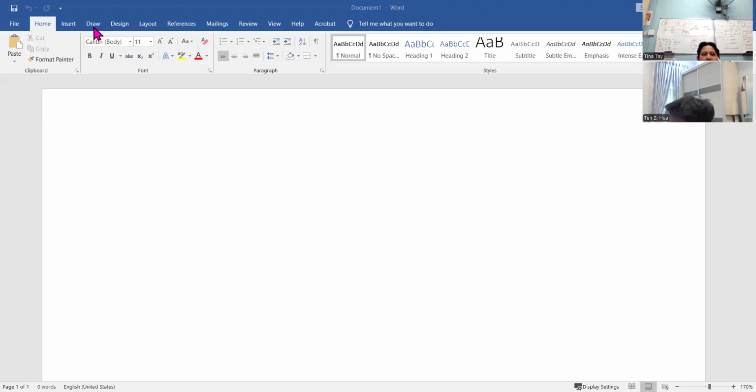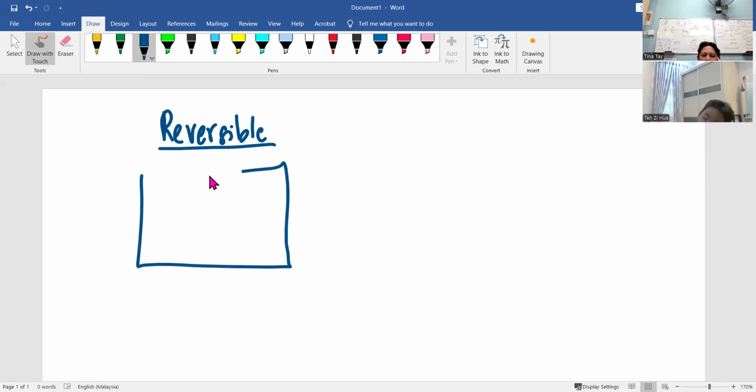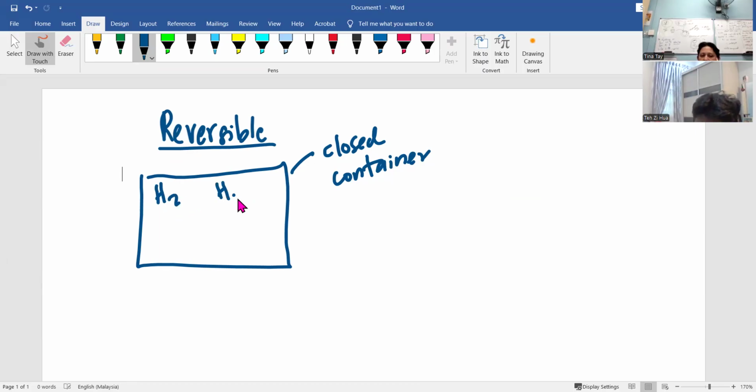Now some reactions are reversible. What does a reversible reaction mean? I put in a closed container. Usually this involves gas. I put hydrogen gas and iodine gas.